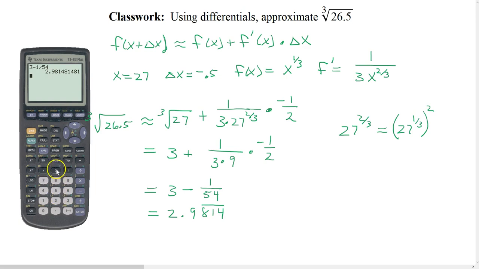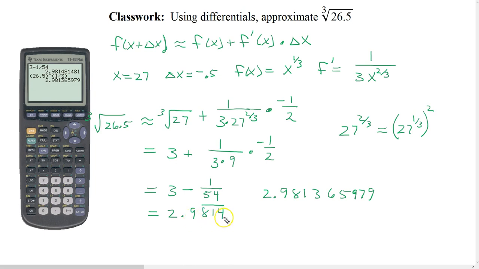If we evaluate 26.5 raised to the 1/3 power, we get from our calculator 2.981365979, and we see that is very close to what we found as an approximation, 2.9814.